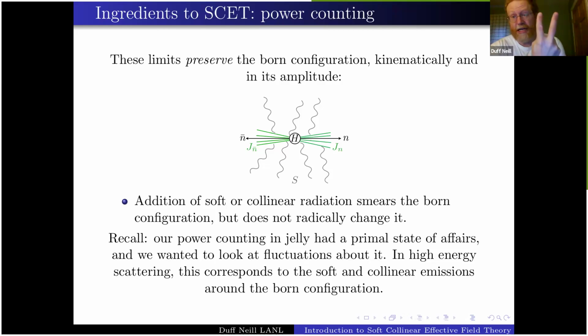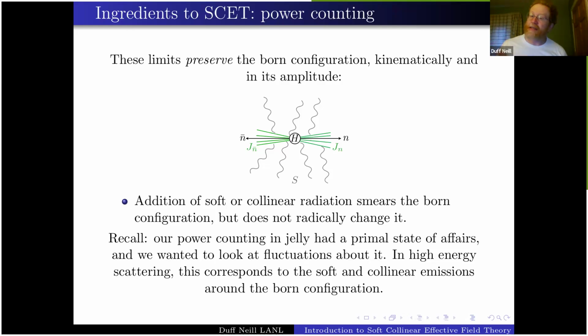Here, it's that two-jet configuration. A Higgs goes to two gluons. That's my primal state of affairs. And what the power counting is telling me is how I can dress, basically, that Born level configuration with soft and collinear emissions and perhaps smear it out. In other words, I'll have some fluctuations about it, but I'll essentially preserve that primal state of affairs, that Born configuration.